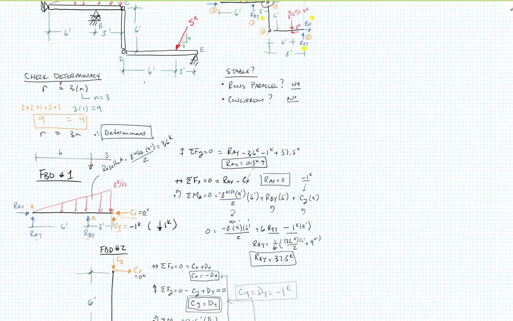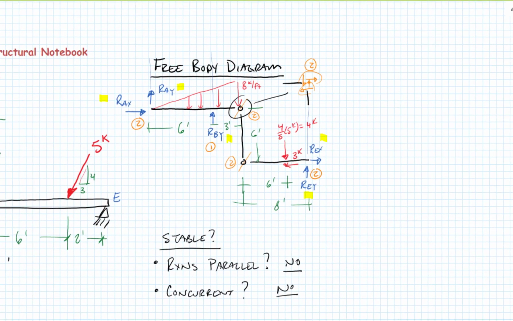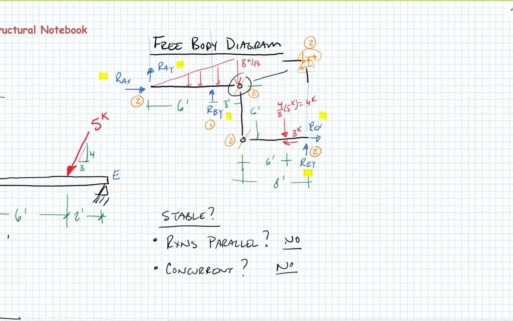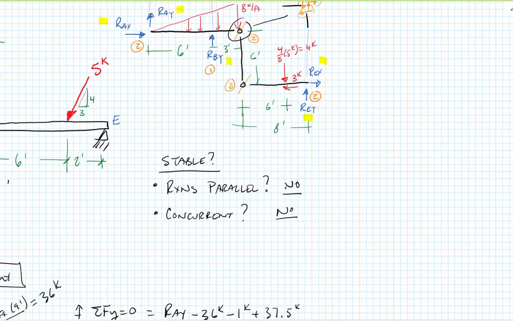So if we zoom back out and walk through it again, the steps we took were, first, look at our structure and draw a free body diagram. So we drew the free body diagram here. We couldn't solve for all our unknowns here. We had 5 unknowns and only 3 equations of equilibrium. We want to see if we can actually solve this problem. So we check stability.